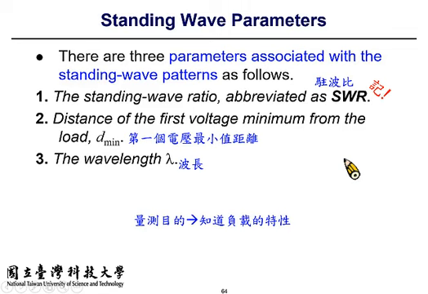And according to the magnitude and phase of the reflection coefficient, you can calculate the load impedance Z_L. So that is what we want from this experiment. By taking the experiment, you know the property of your unknown termination.